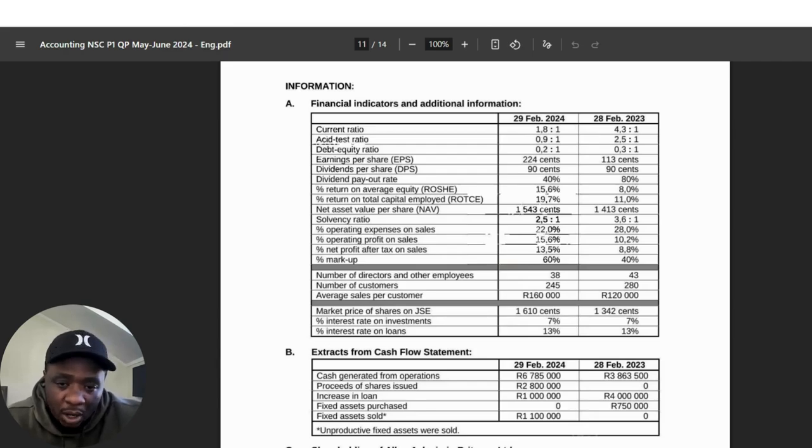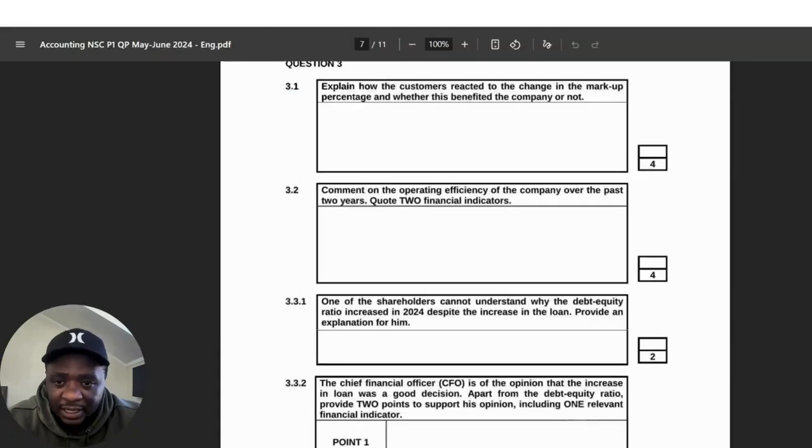Whereas operating profit on sales means how much operating profit does the business keep from the sales that it generates. So the higher that amount is, the more money the business is able to keep after making sales. All right, so let's make the comment. I think just those two ones will make our comment very clear.